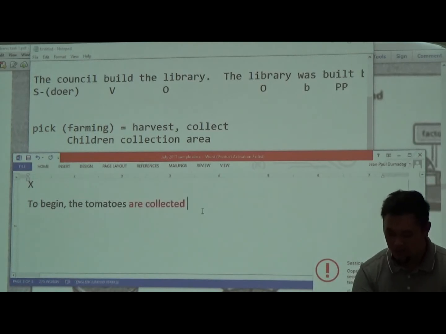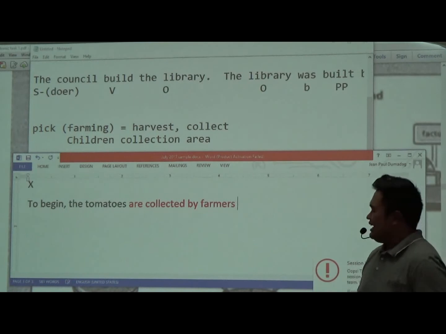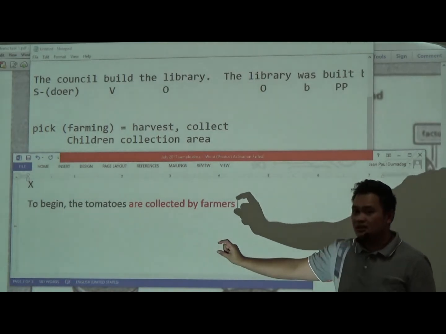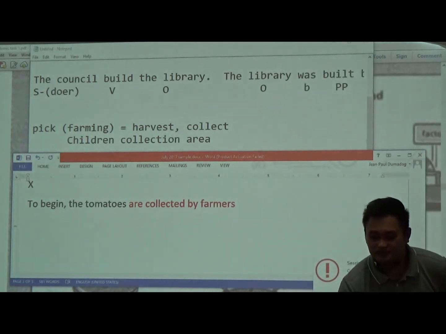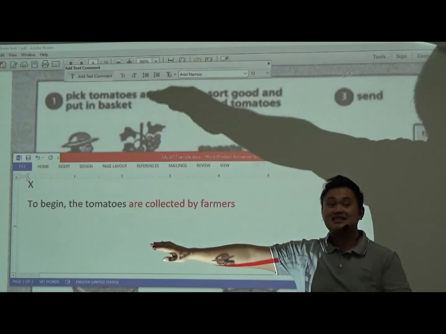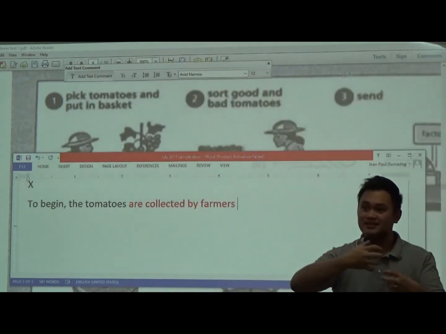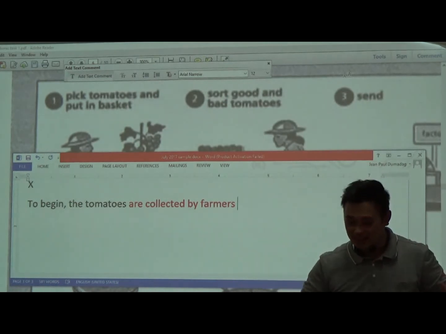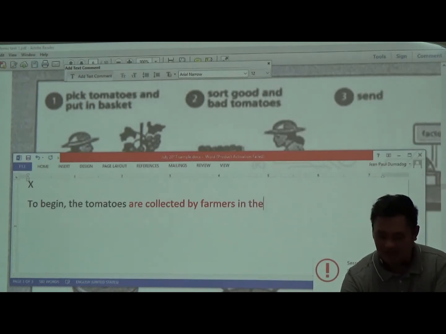By who? Farmers. John, why farmers, plural? Only one picture. This picture is only a symbol, okay? It's a symbol. But in the real world, there are many farmers and there are many farms, isn't it? So the tomatoes are collected by farmers in the farm.